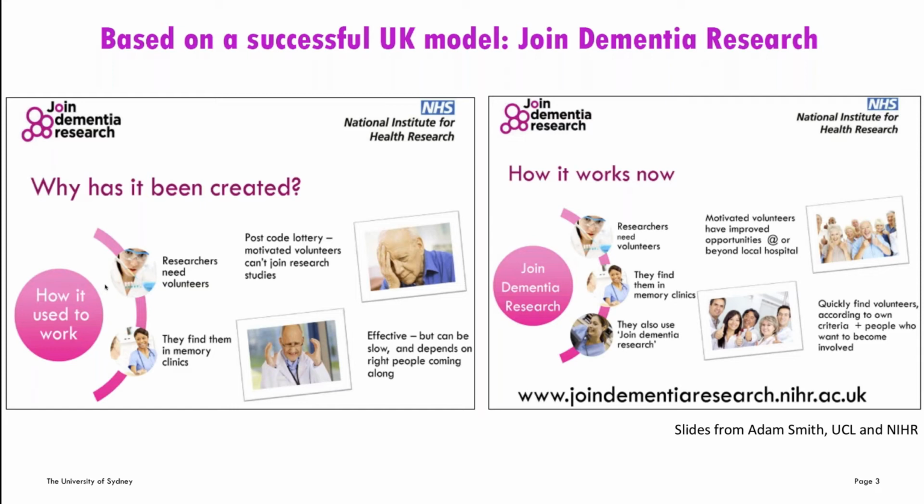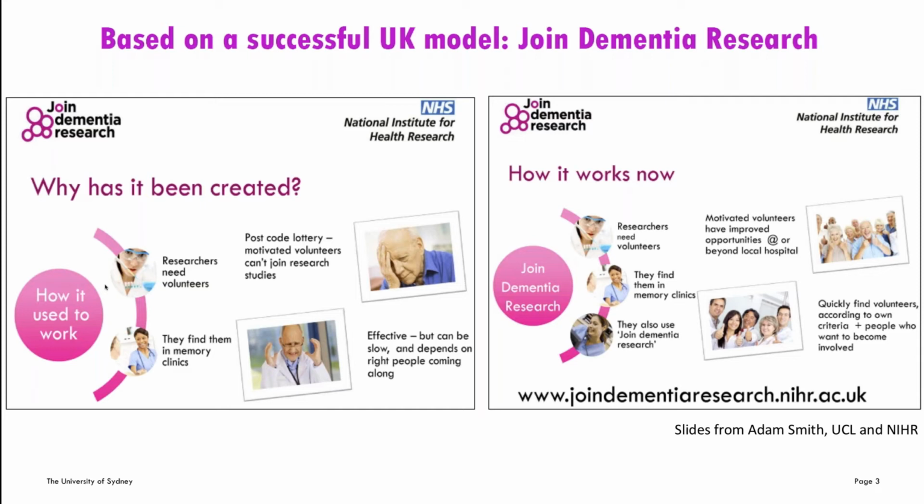The idea came from consumers in the UK. They told researchers, you are going the wrong way about this. Why do you give all the control to researchers? You should let the public decide whether they want to be part of research or not. So they created Join Dementia Research 3 years ago.